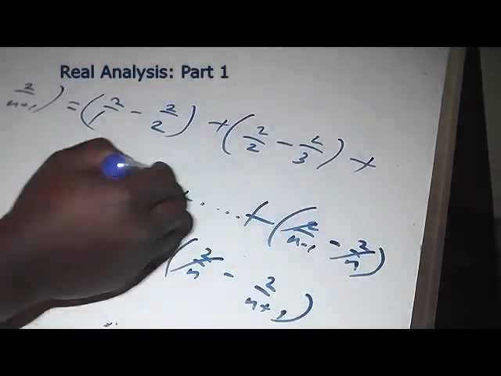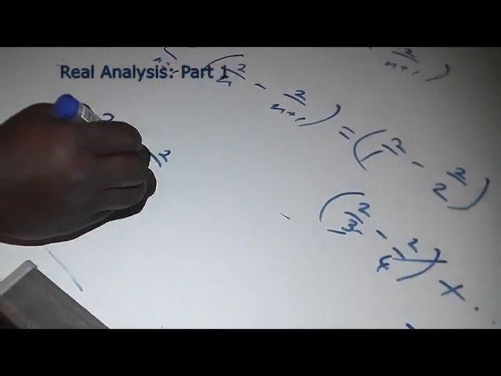Now the terms cancel in pairs. So what you get is 2 minus 2 over n plus 1.